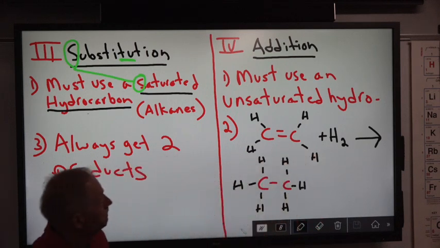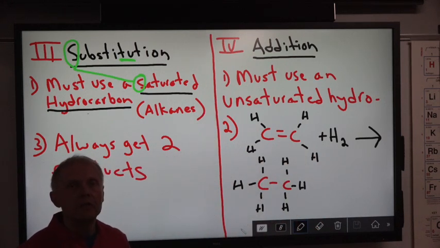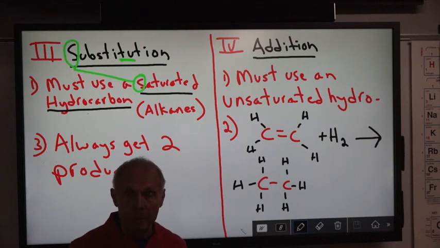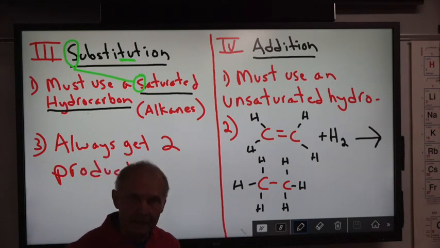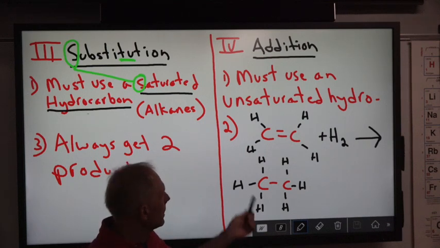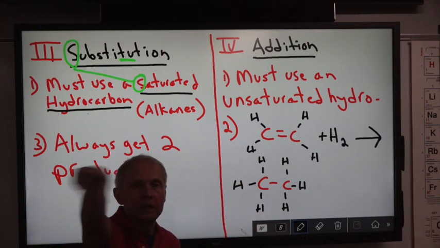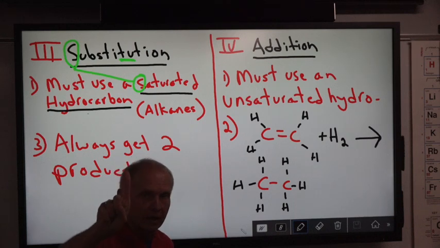So, for addition, you use an unsaturated double or triple bond, and then when we bring in something, when we add it in, we break the bonds, make more room, and there is only 1 product.